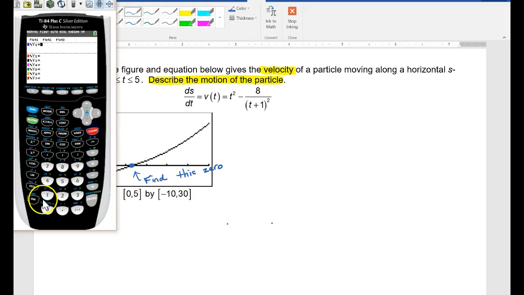Right, so we plug in x squared minus 8 over x plus 1 squared.